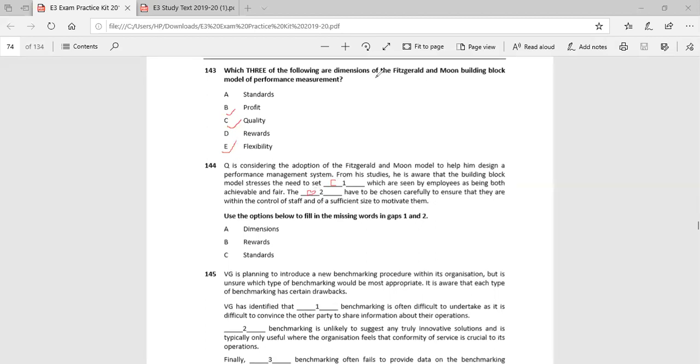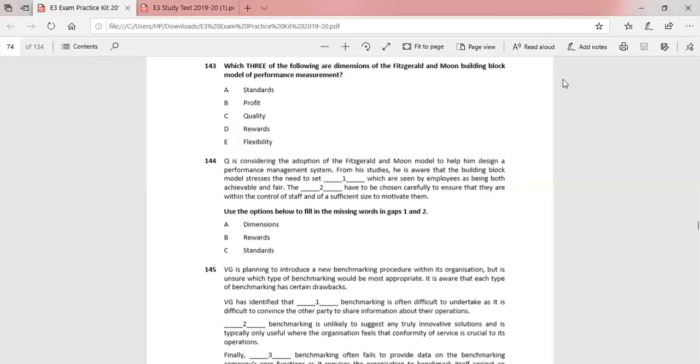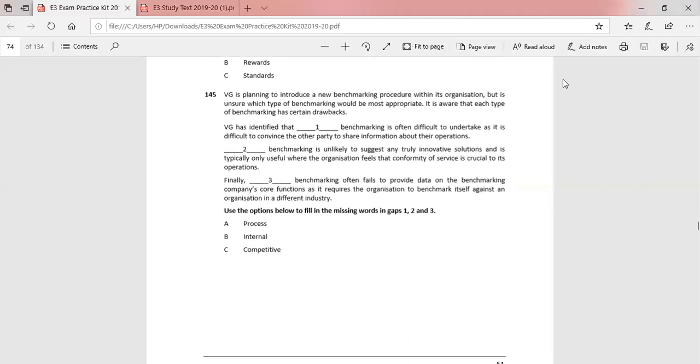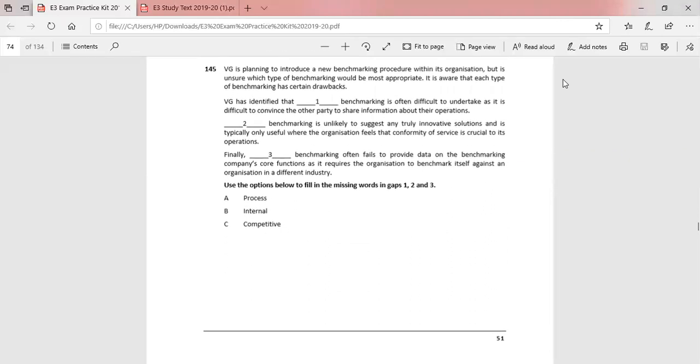145. VG is planning to introduce a new benchmarking procedure within its organization but is unsure which type of benchmarking would be most appropriate. It is aware that each type of benchmarking has certain drawbacks. VG has identified that dash benchmarking is often difficult to undertake as it is difficult to convince the other party to share information about their operations.